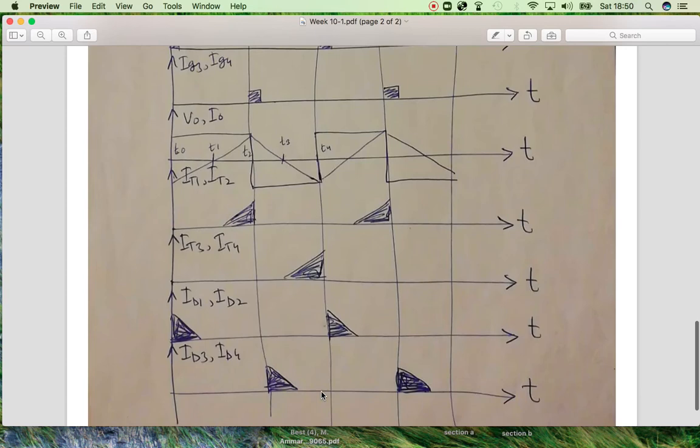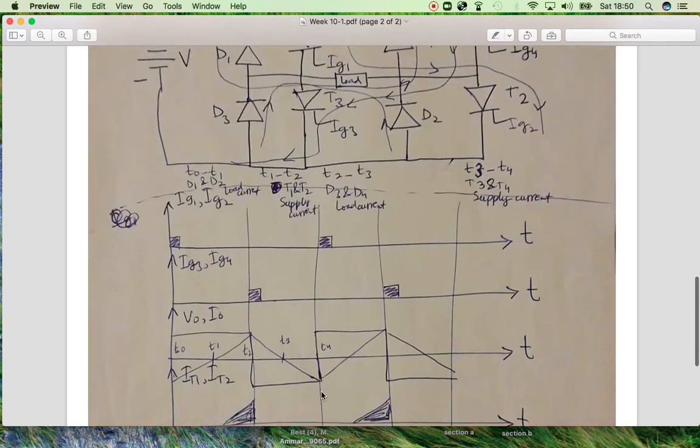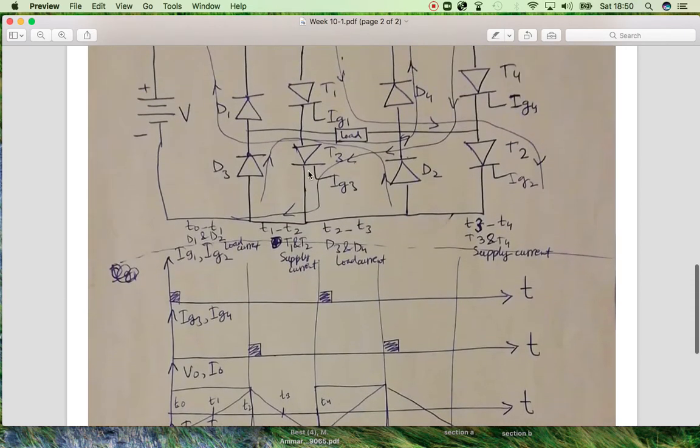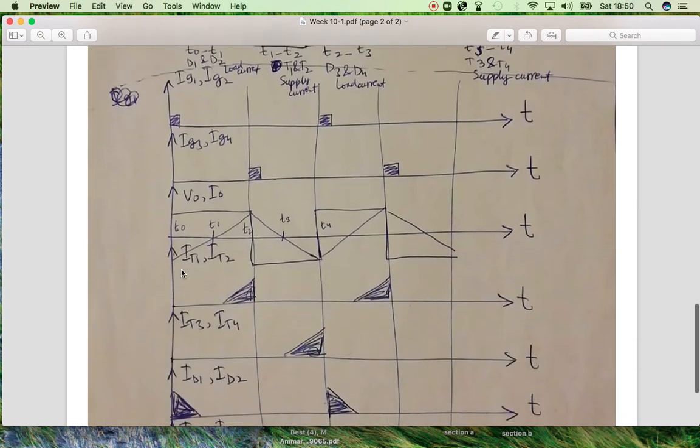So what will happen if we have an RLC load over here instead of a resistive load? Then the waveform of the output current will be a kind of triangular wave, as you can see over here.